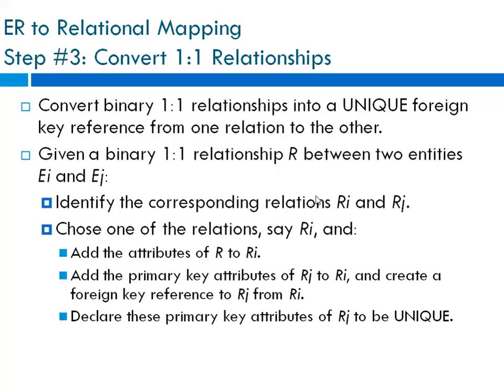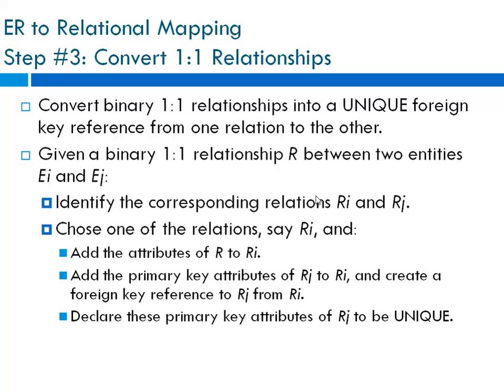Then from one table in that relationship, a reference will be set to the other table which is created from that particular relation. Given a binary one-to-one relationship R between two entities Ei and Ej. Let us suppose that in the ER diagram we have two entities Ei and Ej, and they are involved in a one-to-one relationship R with each other.